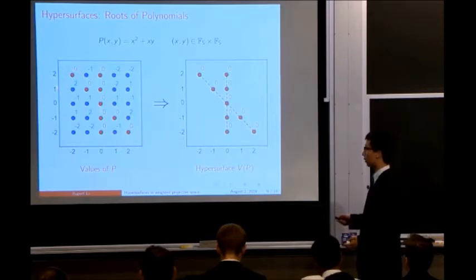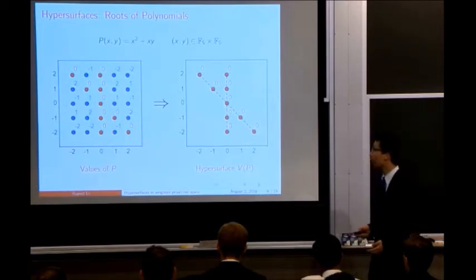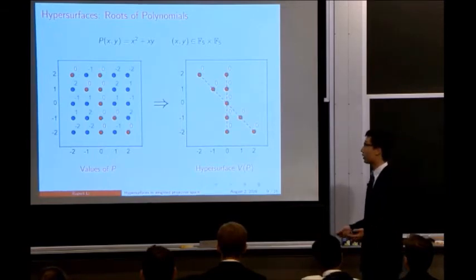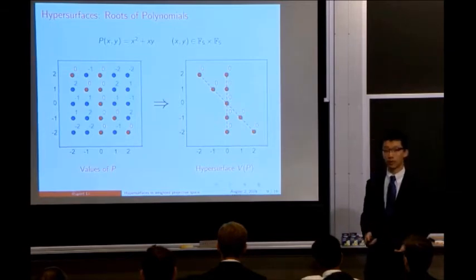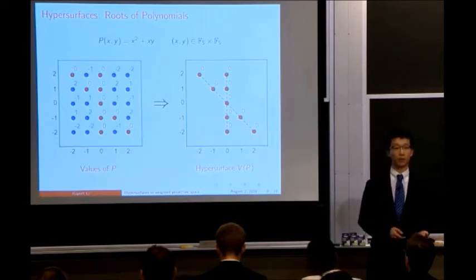For example, if I plug in 1 and 1, I get 2, because that's 1 squared plus 1. The hypersurface right here is simply the set of the roots of the polynomial, so just the set of points that when you plug them into the polynomial, you get 0. And the natural question to ask is, how many points can be on a hypersurface?